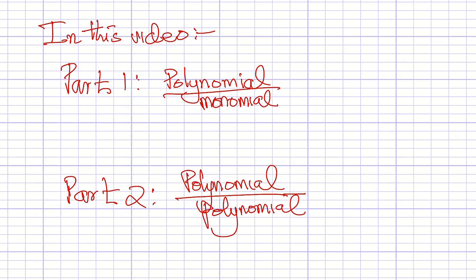So the first part is we're gonna divide polynomial with monomial. You know what a monomial is? A monomial is a polynomial with only one term. So you're gonna see something like 3x raised to power 2 plus 6x plus maybe 5, and you divide it by something like 2x squared or something like that.